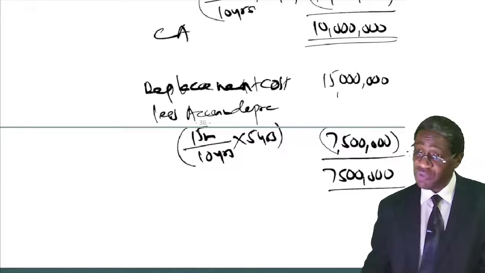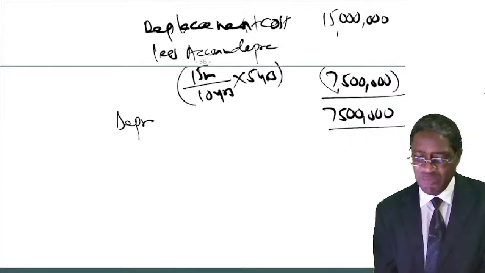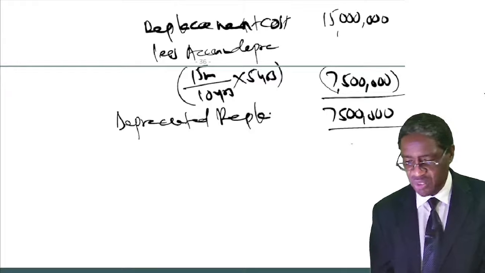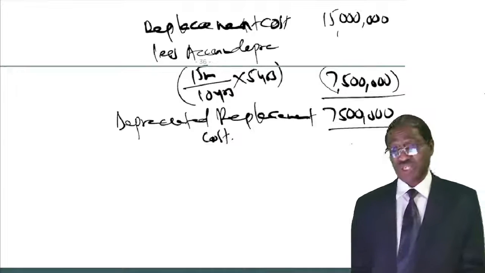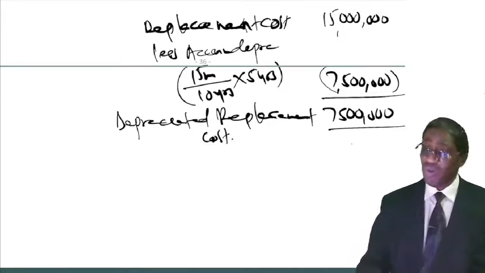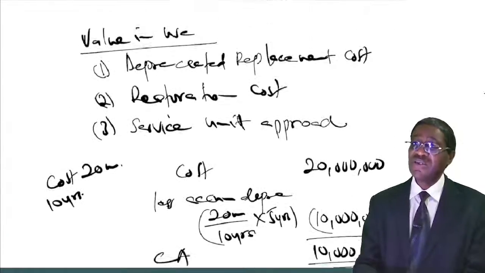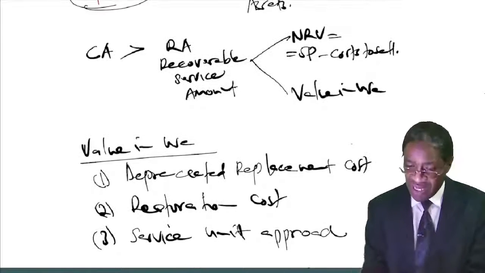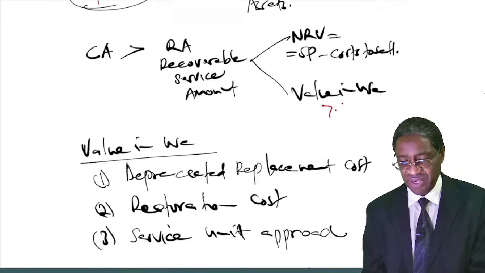That balance of 7.5 million is what we are calling depreciated replacement cost. Once you have it, now you know the value in use on the basis of the replacement cost, which is how much? 7.5.